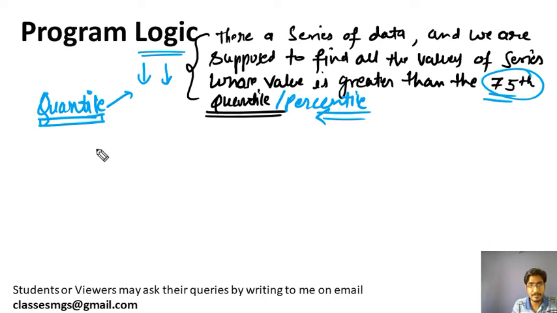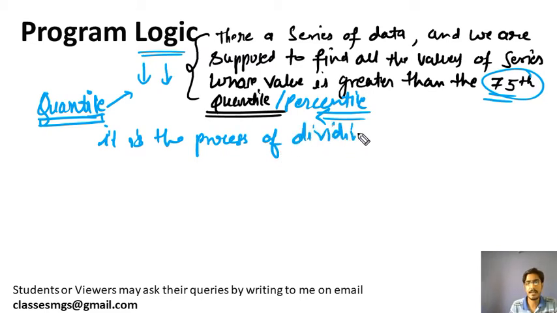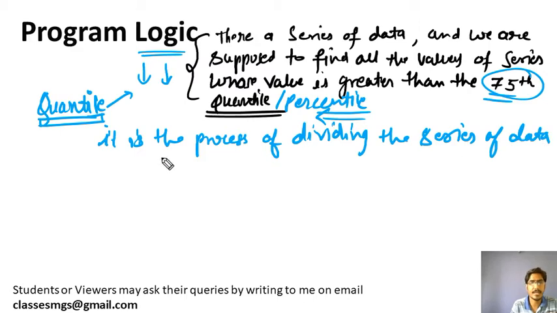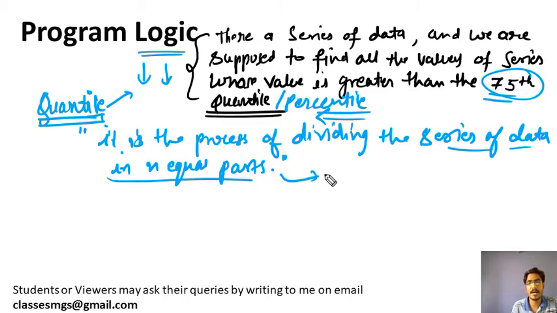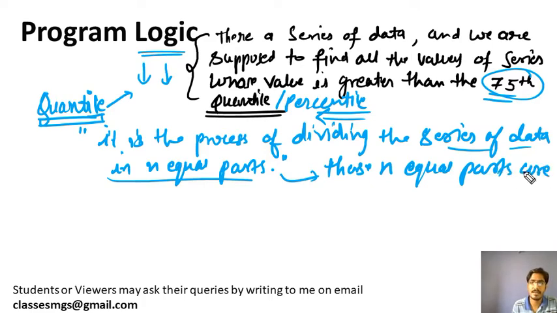So in this problem, I am just explaining what the quantile is. Quantile is the process of dividing the series of data into n equal parts, and these n equal parts are known as quantiles.